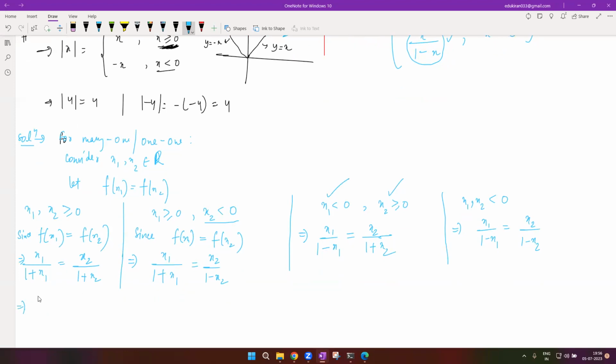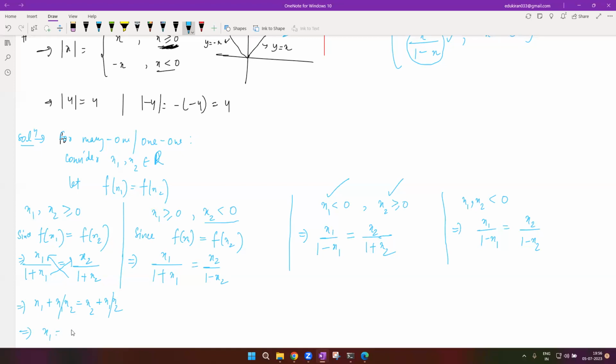So this becomes, cross multiply, x1 plus x1x2 is equal to x2 plus x1x2. So I have cross multiplied them. This becomes x1 into 1 plus x2, which is x1 plus x1x2, and this becomes 1 plus x1 into x2, which becomes x2 plus x1x2. This gets cancelled out.